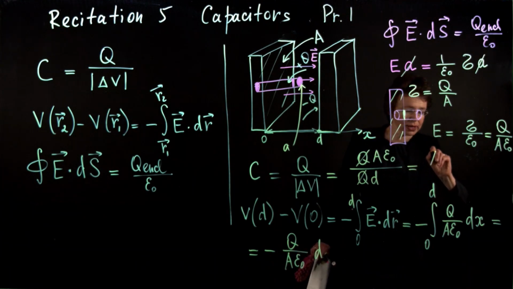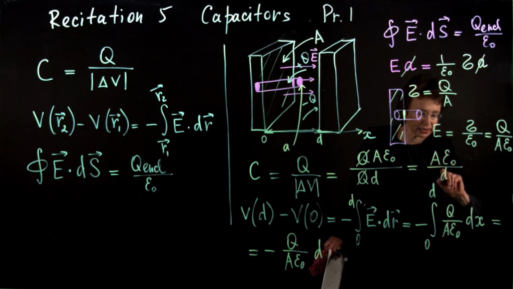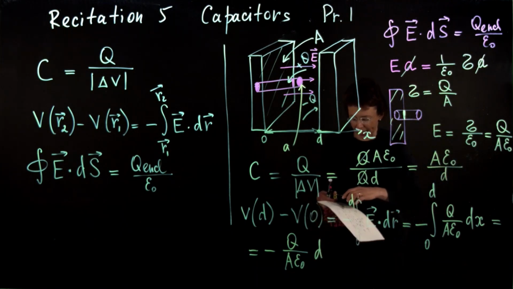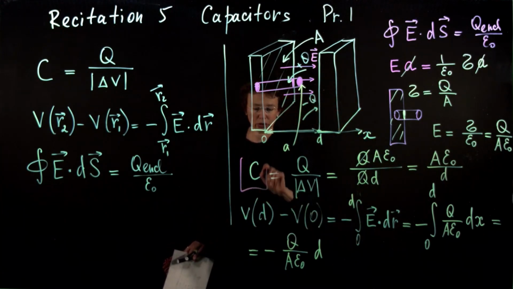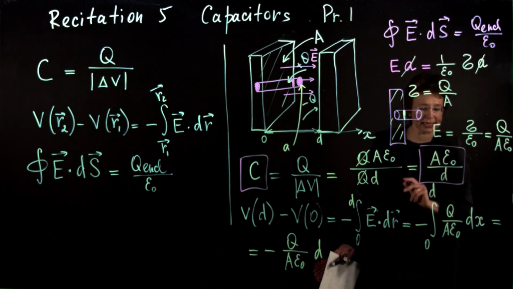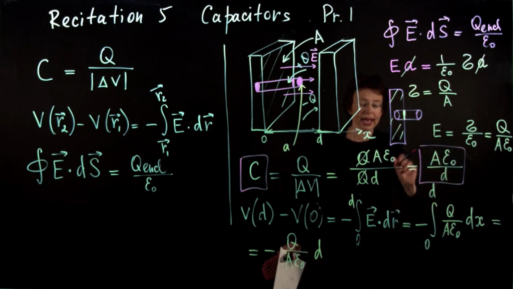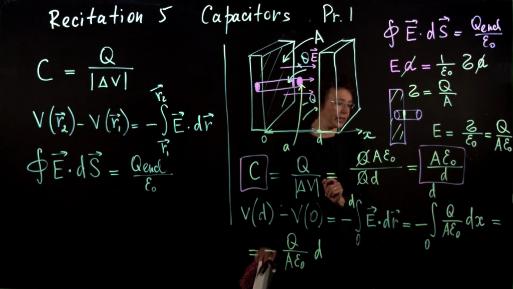What we have is A, the area of the plate, times epsilon naught, divided by the distance between the plates. As expected, the capacitance depends just on the geometry of this capacitor, on the area of the plate and the distance between the plates, and does not depend on the difference in the electric potential.